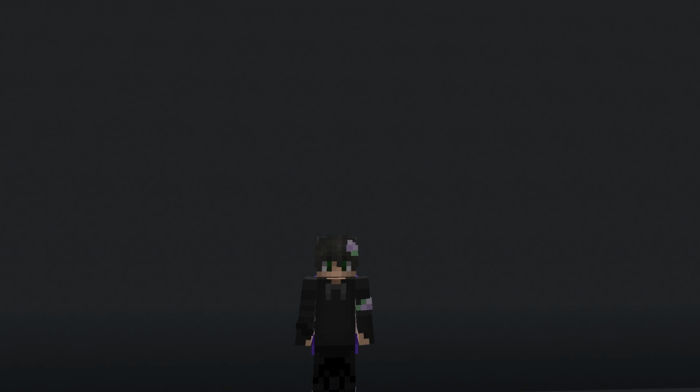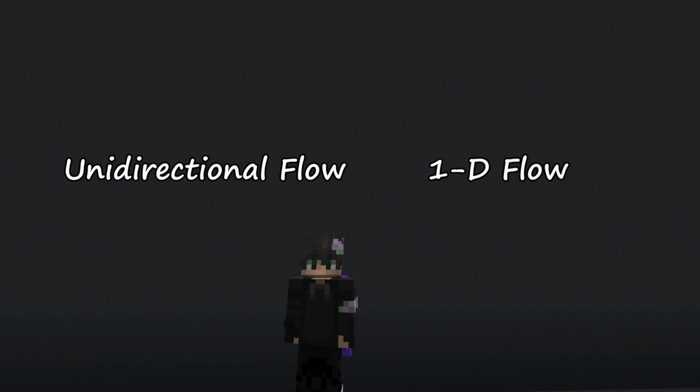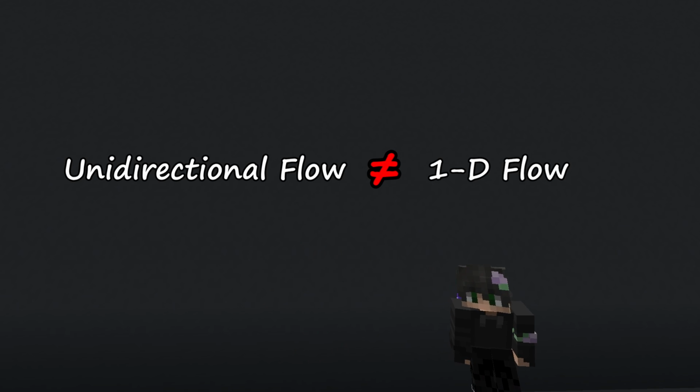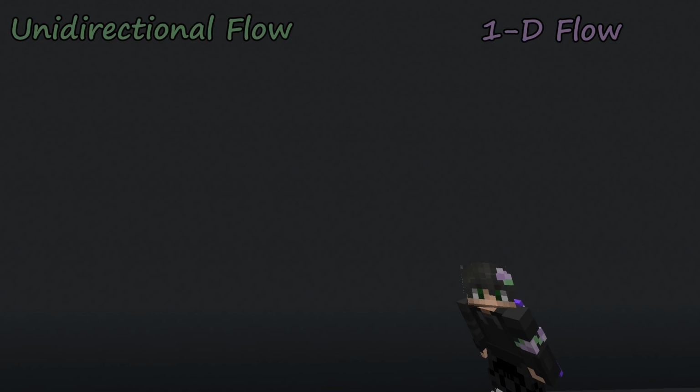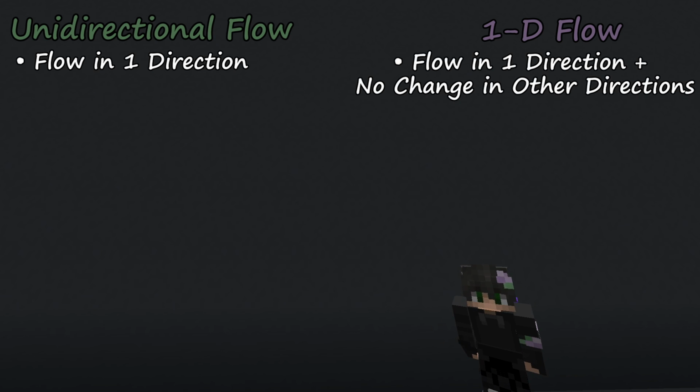Okay, before we get into 1D flow, I just want to make one thing clear. Unidirectional flow and 1D flow are not the same thing, even though they might sound similar. The main difference is that unidirectional flow only tells you that your fluid is going in one direction, so it only has one velocity component, while 1D flow also tells you that, but it also tells you that your fluid is not changing in any other direction.